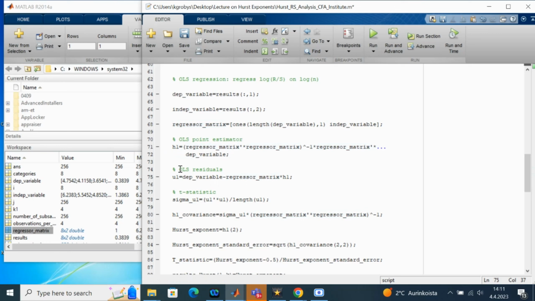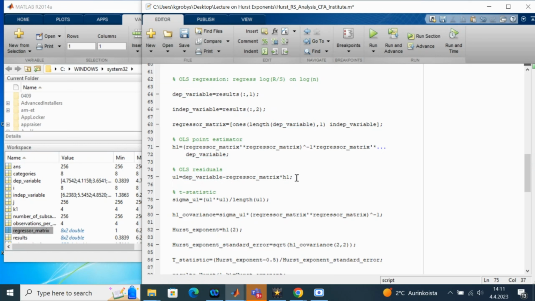Next, we can define the OLS residuals. We can estimate the OLS residuals from this regression, and let's define them as U1. U1 is simply the dependent variable minus the regressor matrix times the point estimator H1.